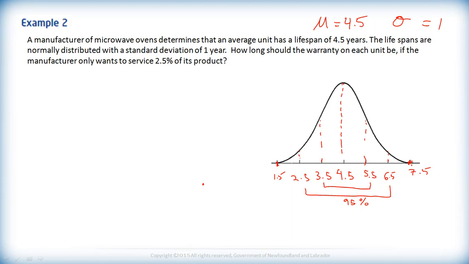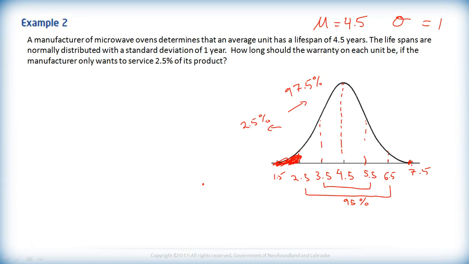It says the manufacturer only wants to service 2.5% of its product. So obviously you're going to service the microwaves that die the quickest. So we want to take off and service just one group over here that's really the smallest group. And in that group, we have to have 2.5% on this side. And we want 97.5%, the rest of them, to last longer than the period of time that we're going to give a warranty for.